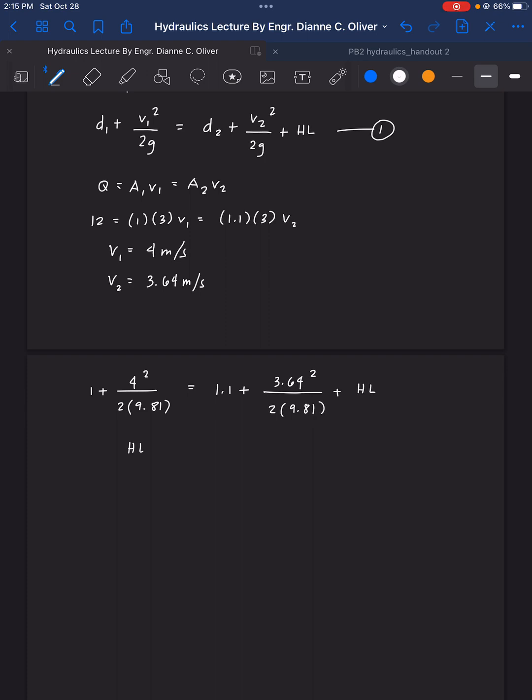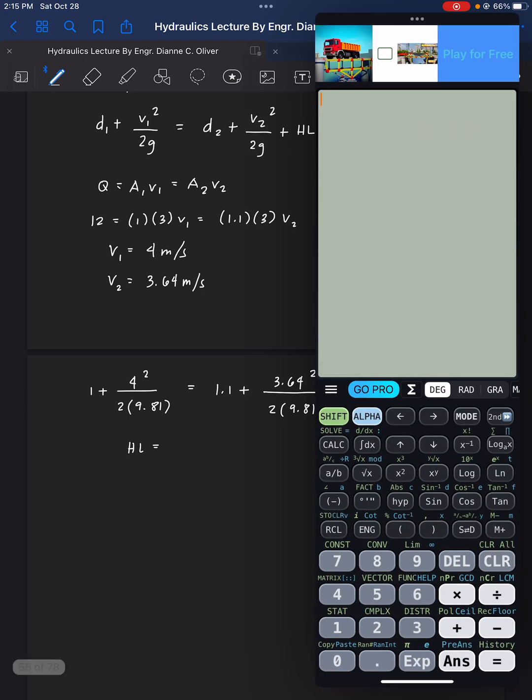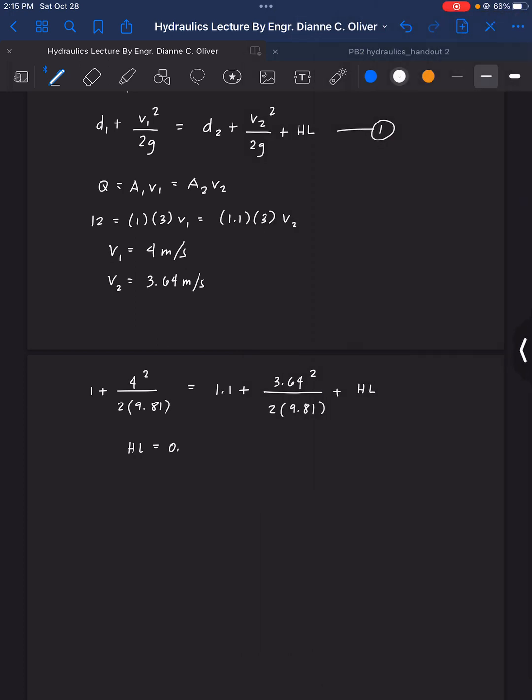So what is now the value for the head loss? Head loss is 1 plus 4 squared over 2 times 9.81, minus 1.1, minus 3.64 squared over 2 times 9.81. So head loss is equal to 0.04 meter.